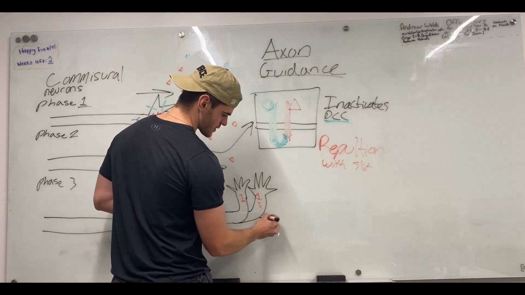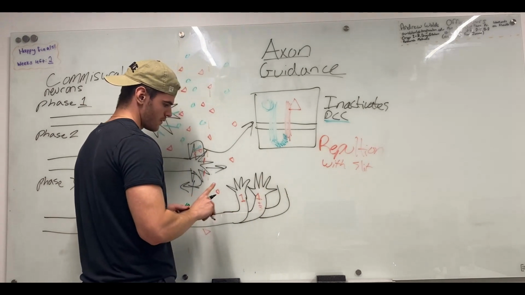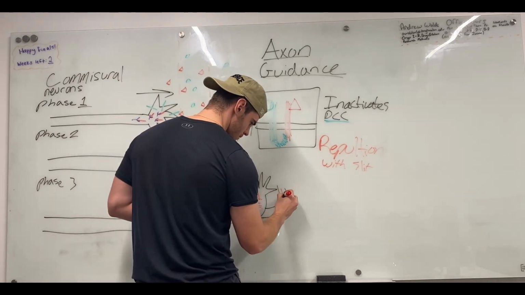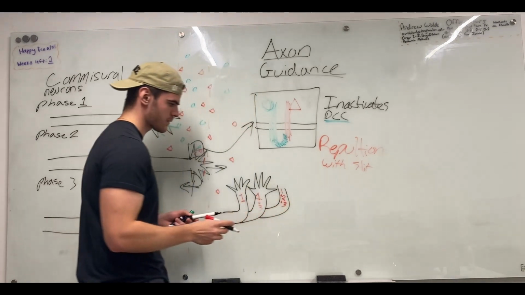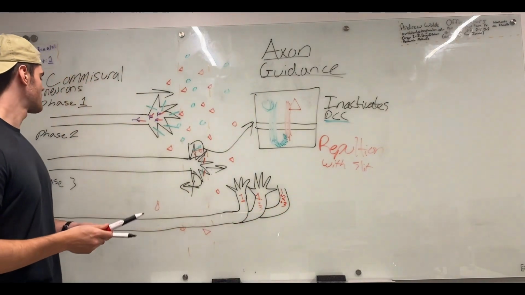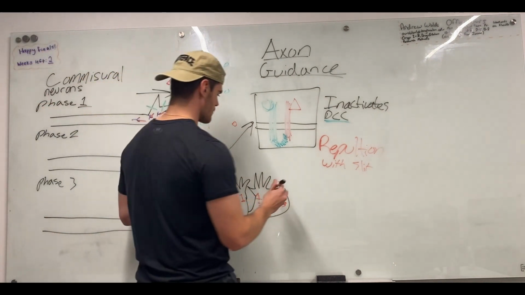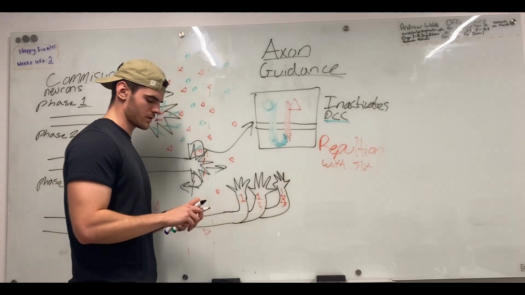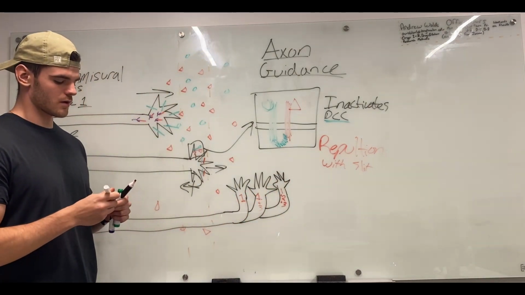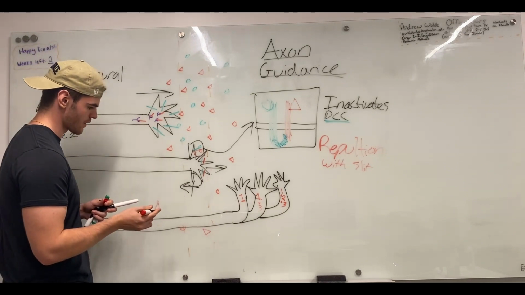And if this neuron expresses robo 1, 2, and 3 in its axon, then it will take the most lateral route. It will turn the furthest away because there's a concentration gradient.